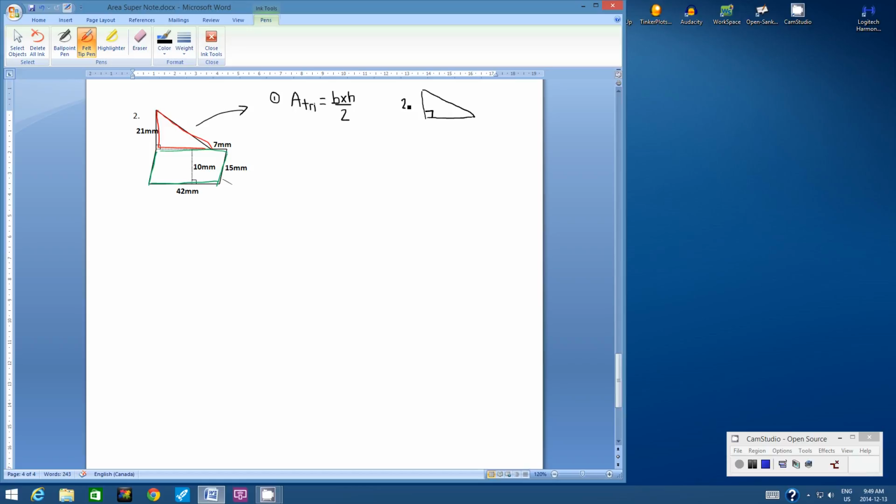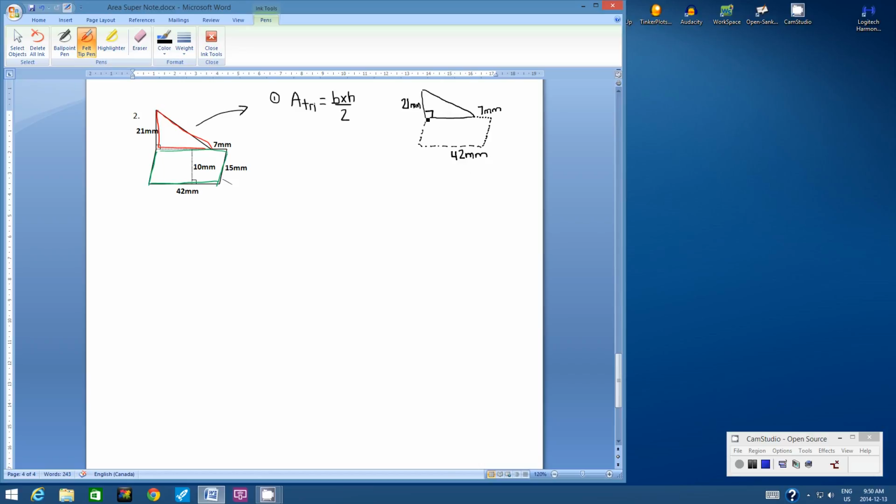Okay, so what I know is I know this measurement, but I don't know the base. So how do I solve the base? Well, if I look at my diagram, if I extend this line, I know that this measurement here is 7 millimeters. And then if I fill in the parallelogram underneath, I know that this is 42 millimeters.